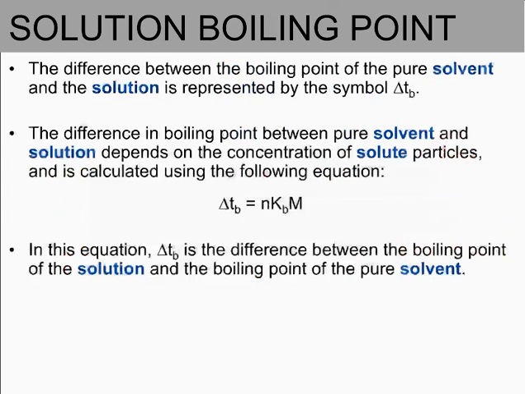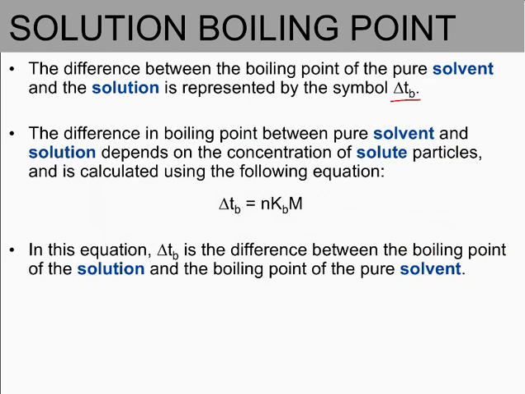All right, so there is an equation we can use to determine the change in boiling point for a solution versus a pure solvent. So the difference between the boiling point of the pure solvent and the solution is represented by the symbol delta TB. So that's the change in boiling point.